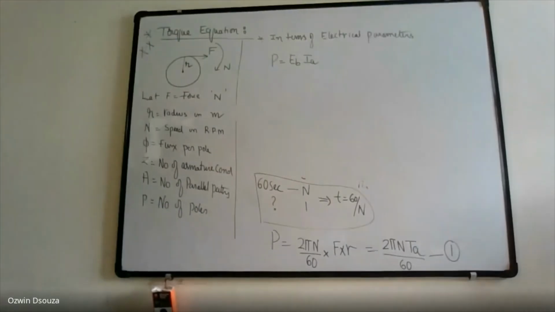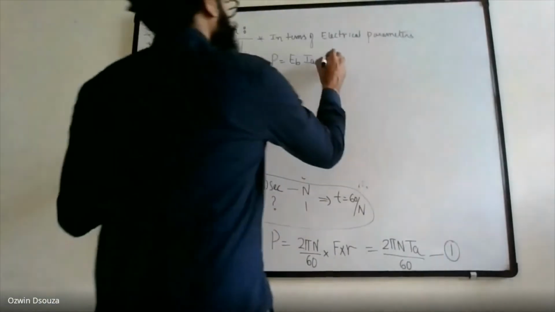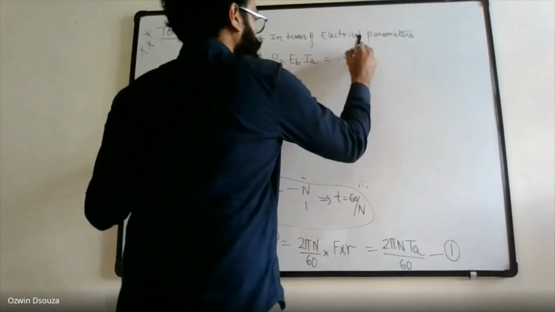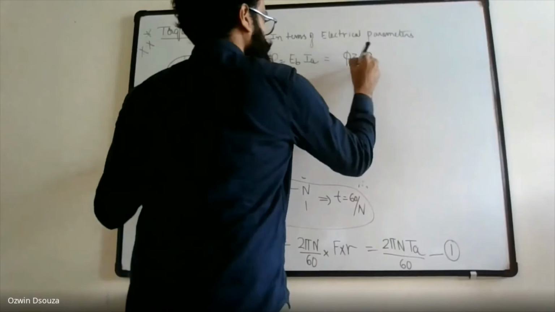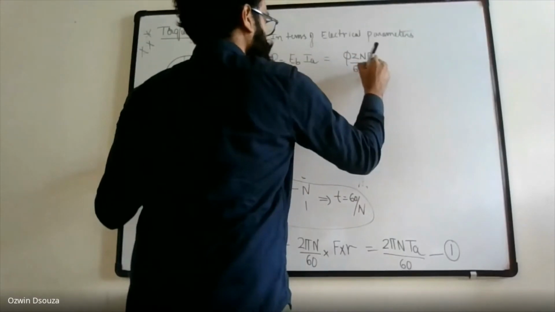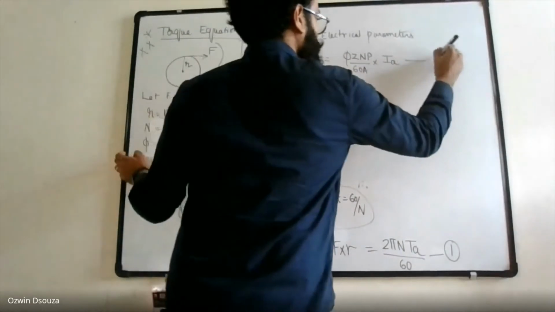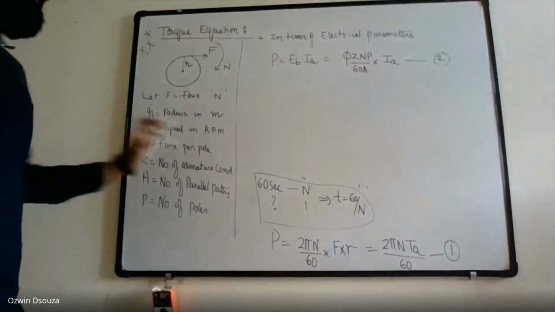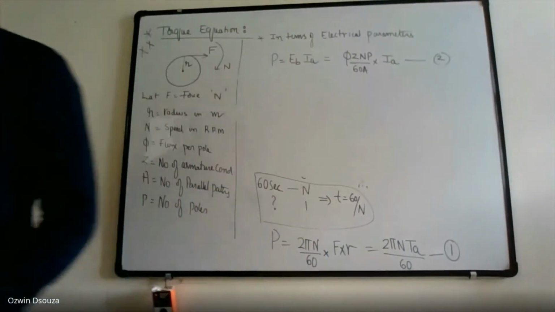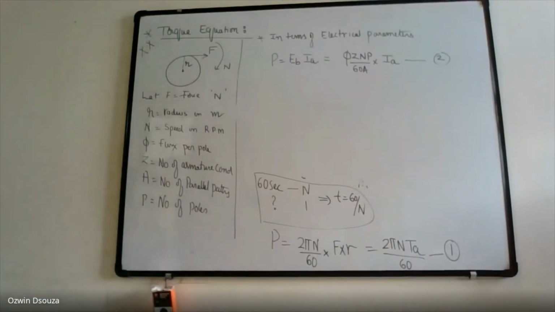We have already seen in the previous relation. EB into IA is nothing but power developed in the armature. So that is nothing but EB. EB is what? P phi Z N P divided by 60A into IA. Let's say equation 2. So basically, equation 1 and equation 2 refer to the power developed in the armature.